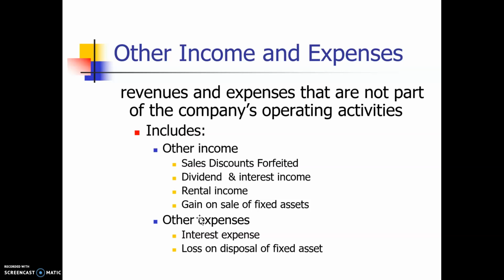And then we'll talk about this in a later chapter, but any gains or losses from selling your fixed assets. So if you sold some of your equipment at a gain, that would be other revenue or other income. If you sold equipment or a computer at a loss, that would be an other expense.